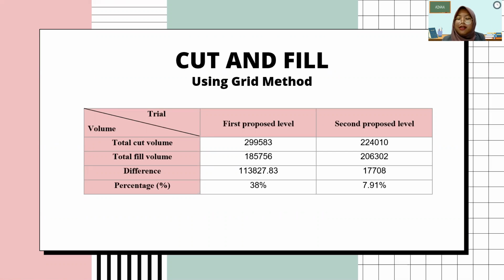For the second purpose level, the difference between cut and fill volume is around 17,708 meter cube with a percentage difference of 7.91%. As you can see, the percentage difference for the second purpose level is much lower than the first purpose level, as we want the percentage difference to be below 15%.